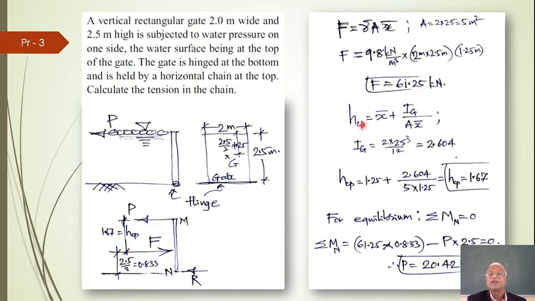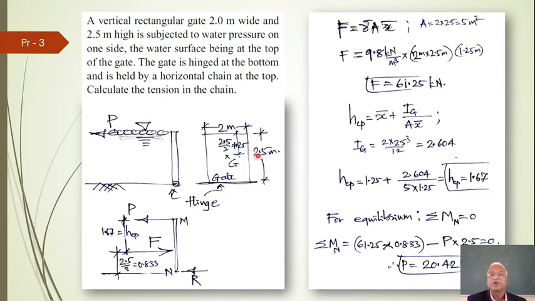HCP is given by x bar plus Ig by A x bar, Ig sin squared theta, but theta is 90, because of that it is simply Ig. So Ig is here, there is a centroid. Ig is the moment of inertia about an axis like that. It will be 2 into 2.5 cubed by 12, 2.604. So I'll substitute for HCP.